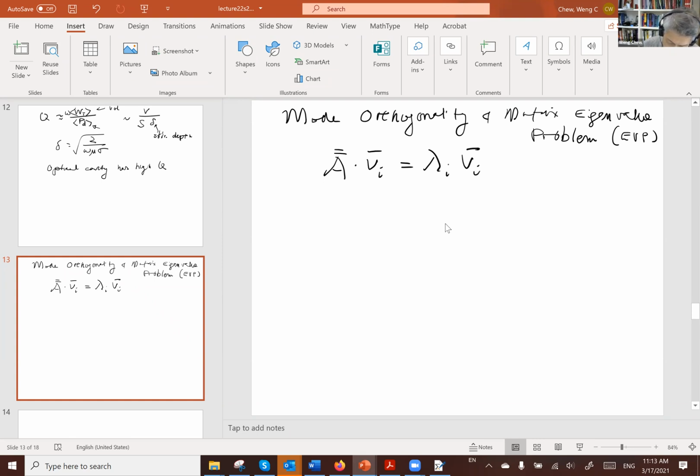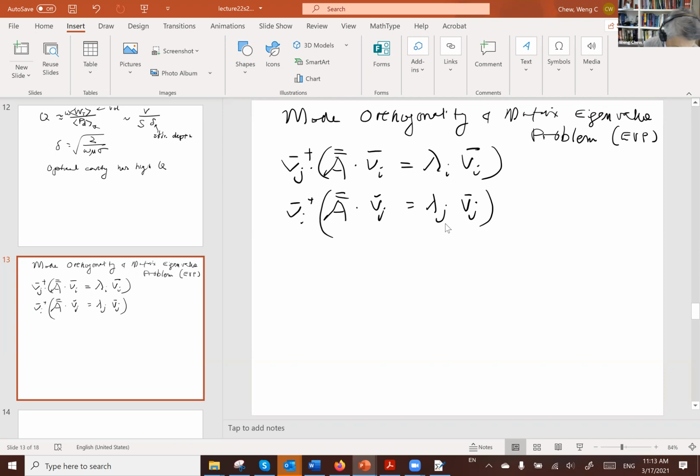And then if we find two different eigenvectors, like A dot Vj is equal to lambda j Vj, you can easily convince yourself that if I were to multiply this equation by Vj conjugate transpose, and then multiply the second equation by Vi conjugate transpose, you can see that the left-hand side, they're actually equal to each other if A is Hermitian, which means that A conjugate transpose equals A. You can see that the left-hand side is exactly equal to each other because left-hand side is a scalar number.